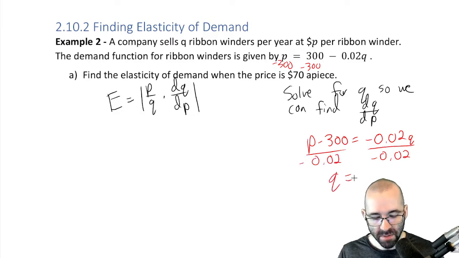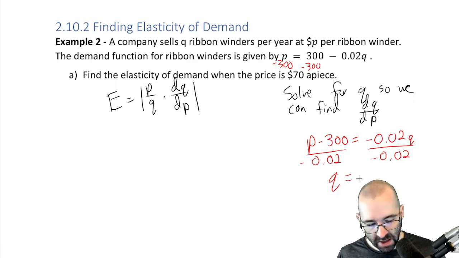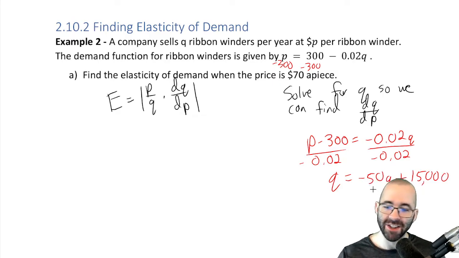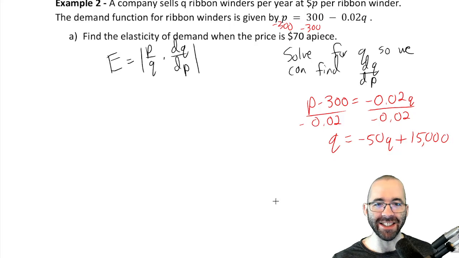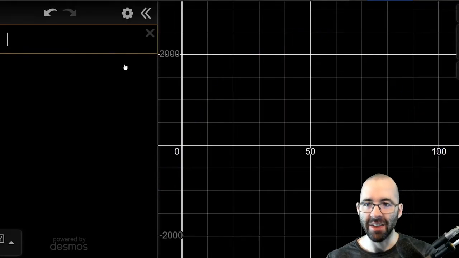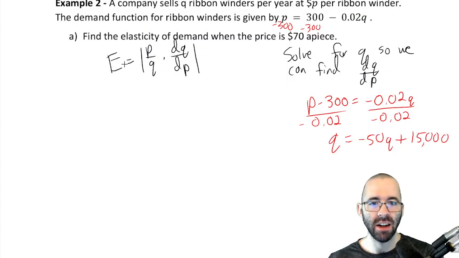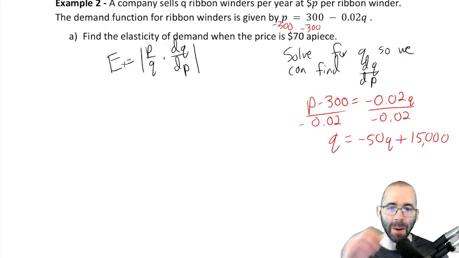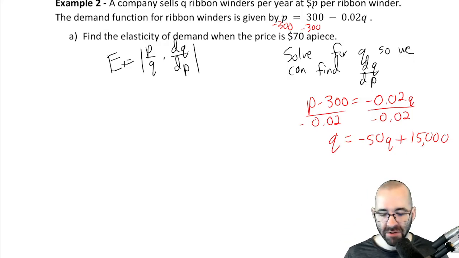And we'll get Q equals that whole monster, which will be negative 50P plus 15,000, I think. Dangerous decision to do this in my head. What do we got here? 300 divided by 0.02. 15,000. Great.